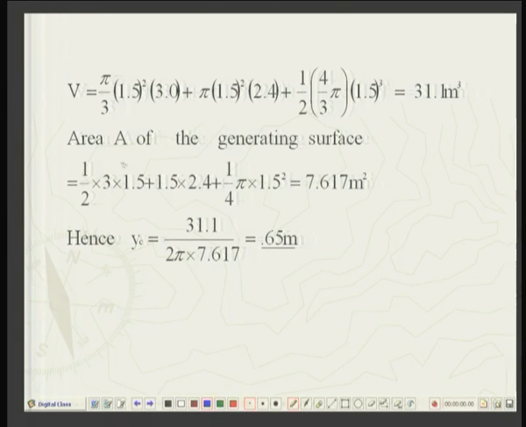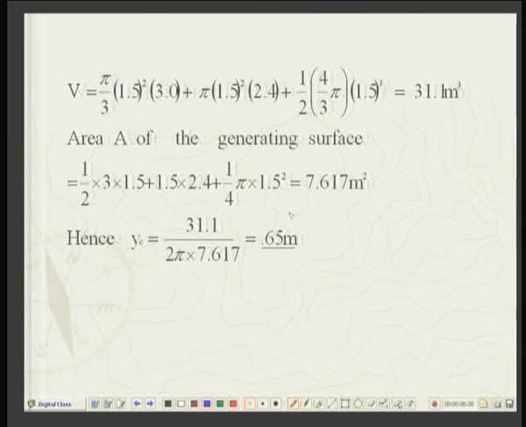So this is the area of the triangle, this is the area of the rectangle, 1.5 into 2.4, and this is the area of the quadrant of a circle, 1/4 pi r square. So this comes out to be 7.617 meters square. If I divide the volume by 2 pi times this area, then I will get the height of the centroid of the given generating surface. That will be 0.65 meters.